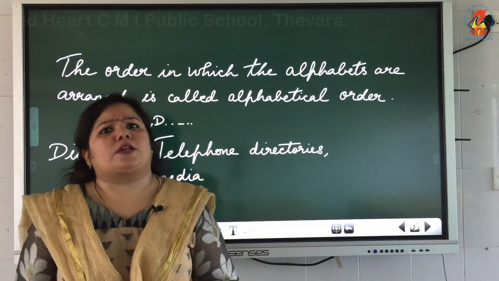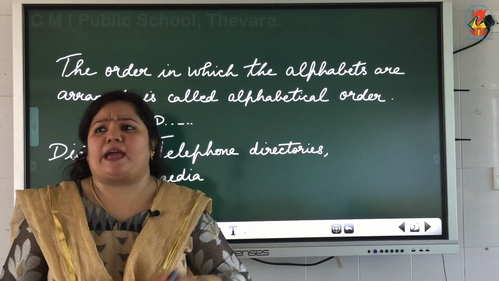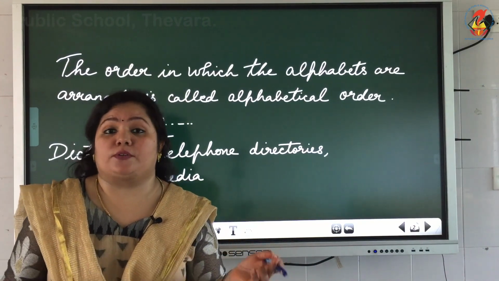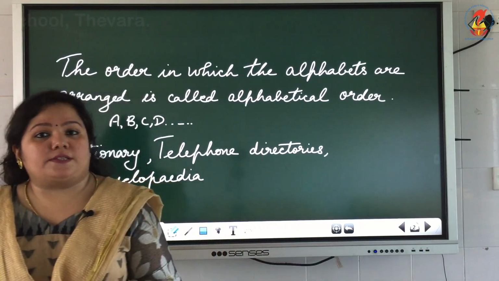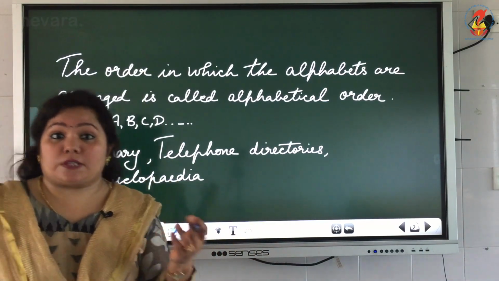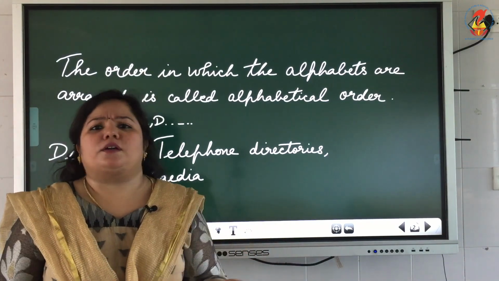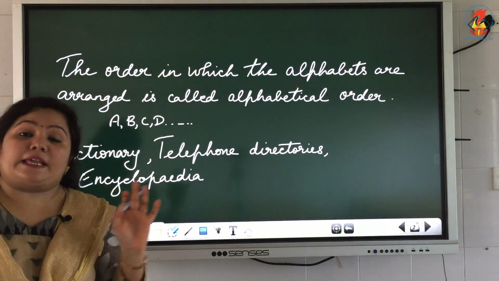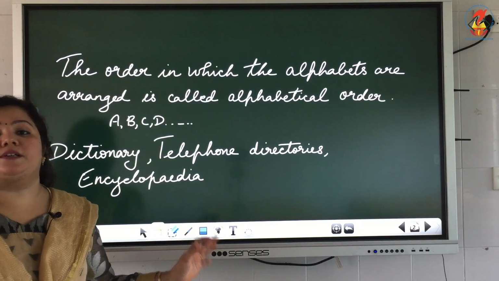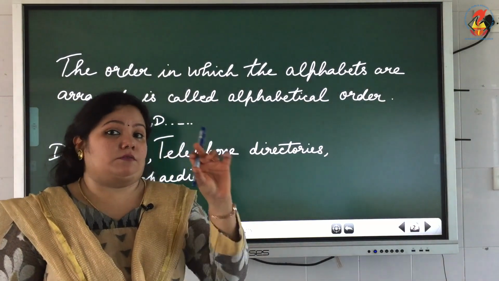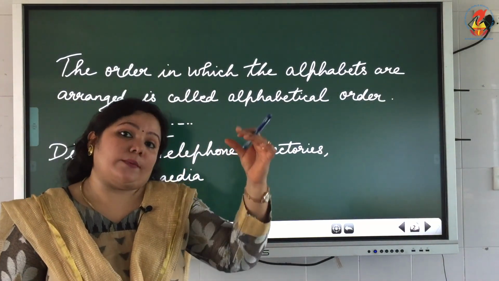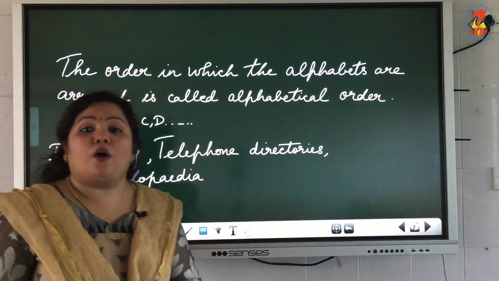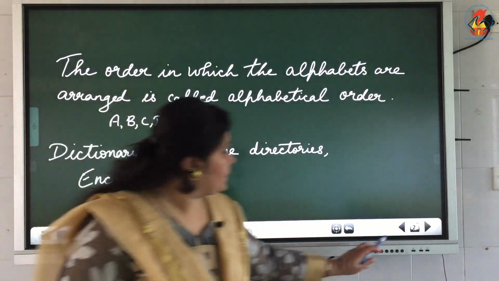There are many encyclopedias related to many topics like animals, birds, geography, science, right? There are many topics. You can find encyclopedias on many topics, and even in those encyclopedias, the name of each topic will be in alphabetical order. Okay?